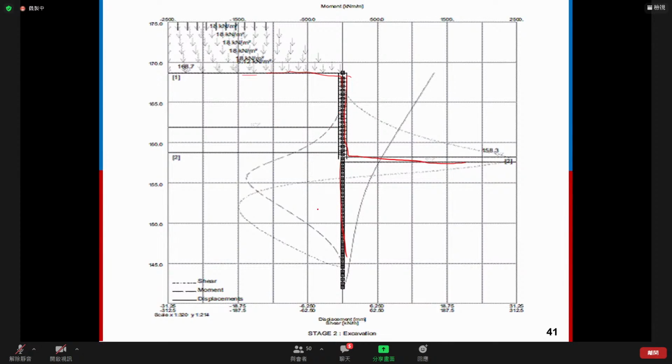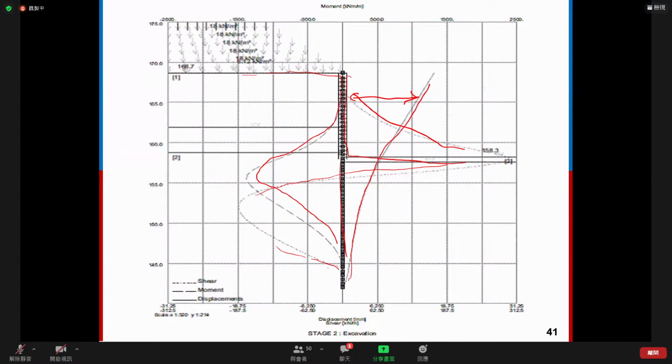And then from the software, we can calculate the shear stress along the retaining wall. And then we can get the bending moment along the retaining wall. And most importantly, we can get the displacement or lateral deflection of the retaining wall. Okay.